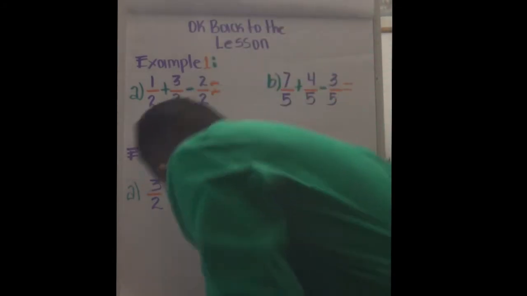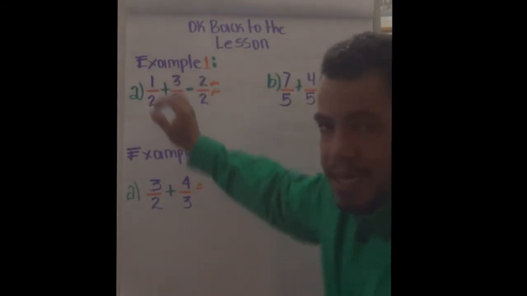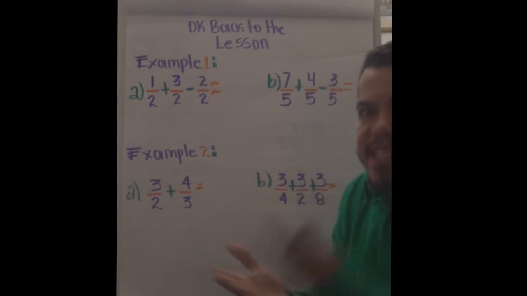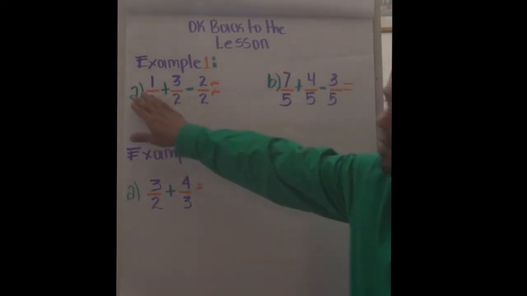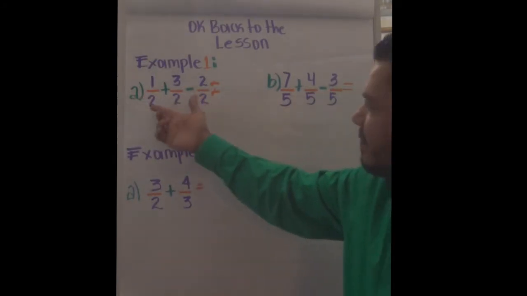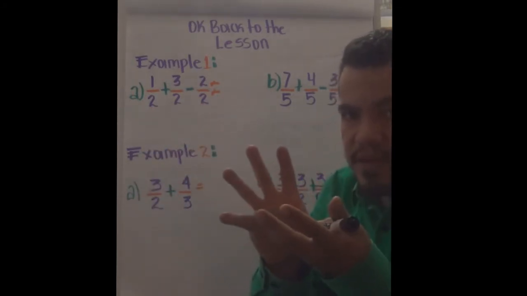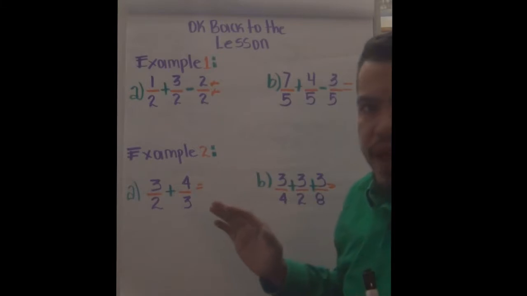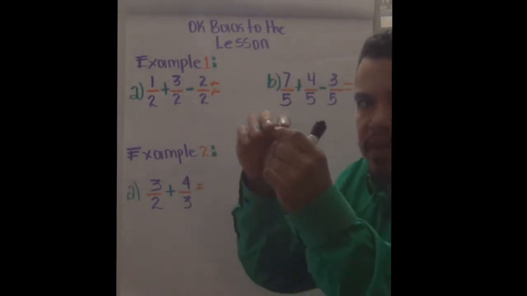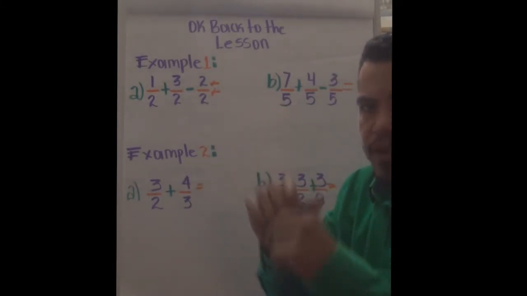For example, how do you add or subtract fractions that contain the same denominator? Well, if they have the same denominator, that means that they are part of the same thing. So all you have to do is put together the parts and you get the total.